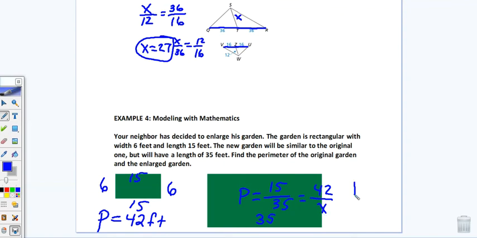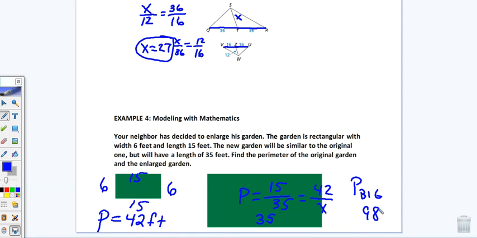So the perimeter of the big one, I'll put P big like this, is 98 feet. You could have said, well, I already know the perimeter here, so I could say 15 is to 35 as the perimeter 42 is to the perimeter over here. Now another way I could have done it is this. I could have found the other side here. Is there a way to find this length right here? How much is it? It's 14.